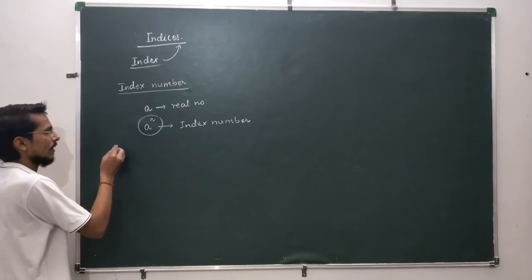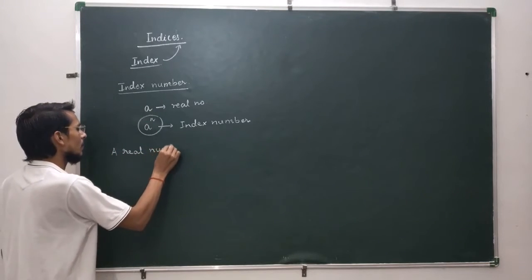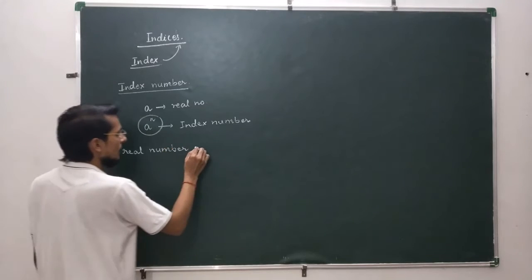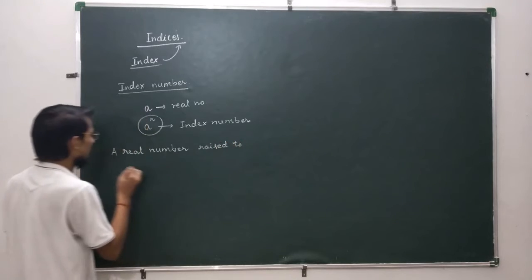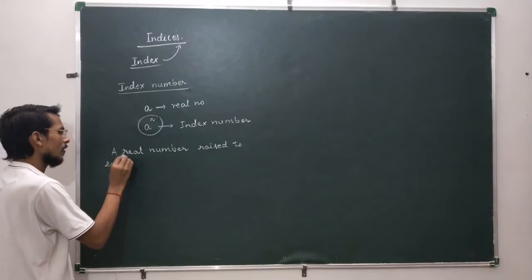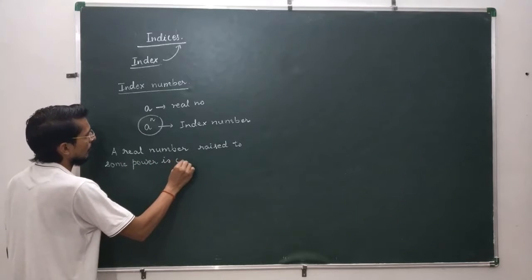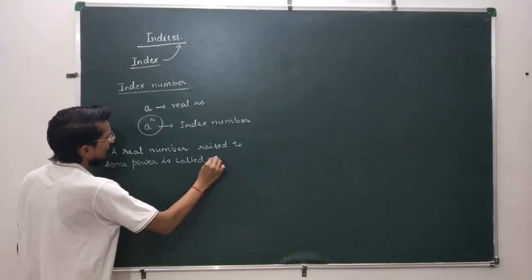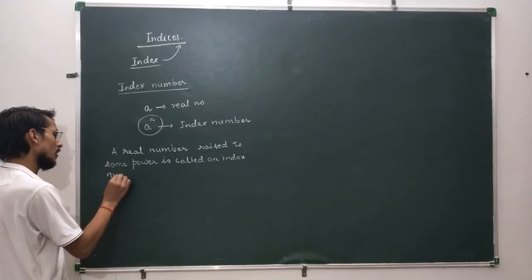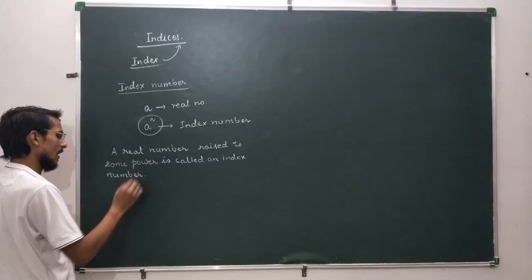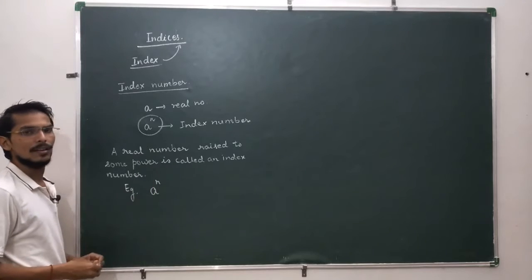So we can simply say that a real number raised to some power is called an index number. As for example, a to the power n.